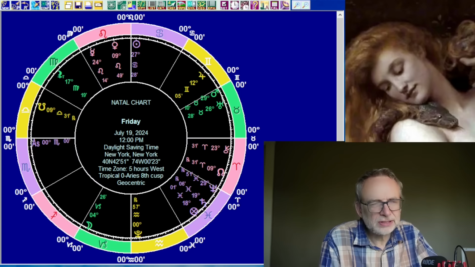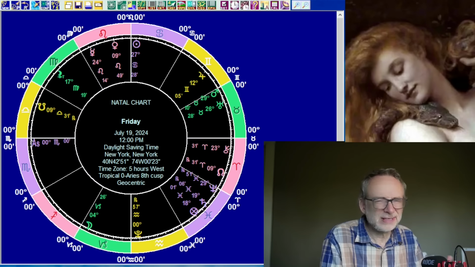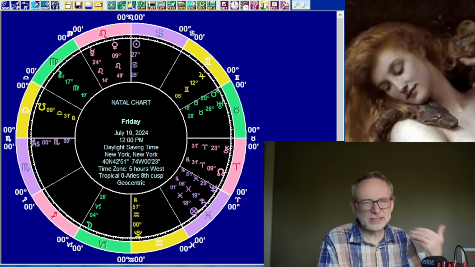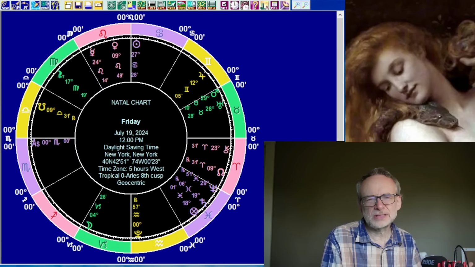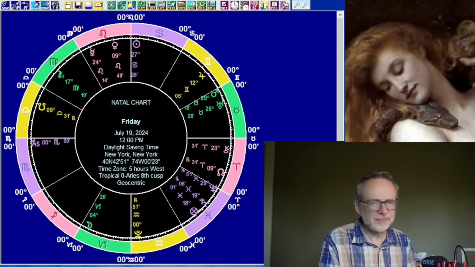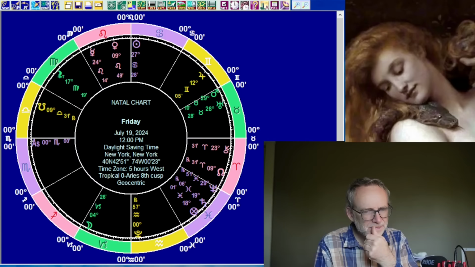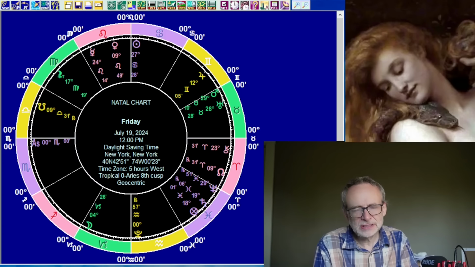In traditional astrology, we have something called the face and something called the term, and Jupiter used to be in its own face. It's no longer in its own face. Jupiter used to be in its own term, but it's now moving out of its term.